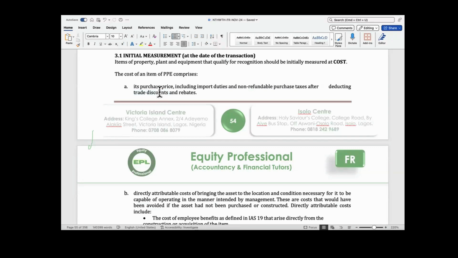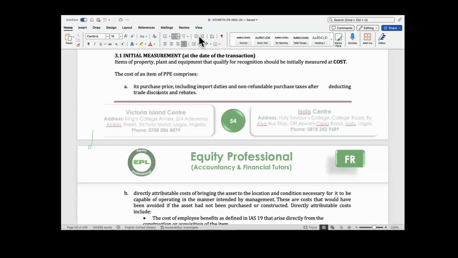Now, the examiner expects that you know the difference between a discount for prompt payment and a discount for bulk purchases. They are not the same. There are certain discounts where you buy an item and you are not paying outrightly, but the seller will tell you that if you can pay within 1 month, I will reduce your price for you.